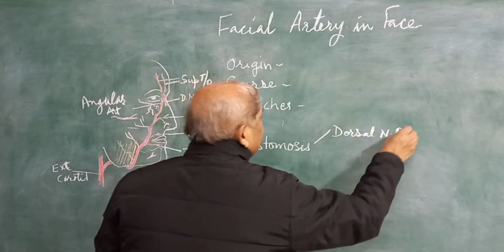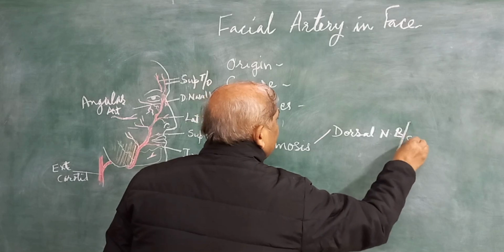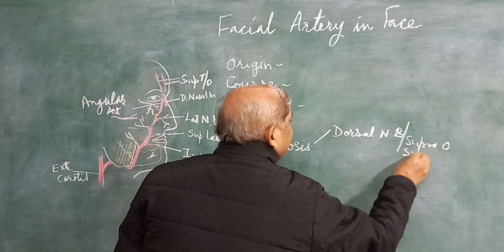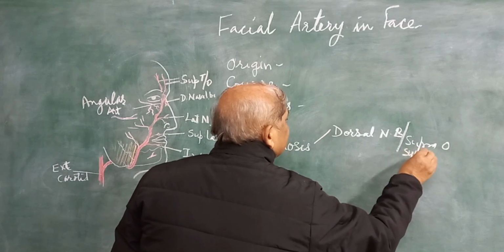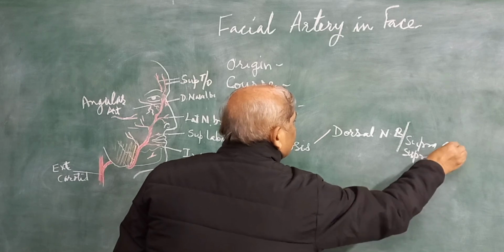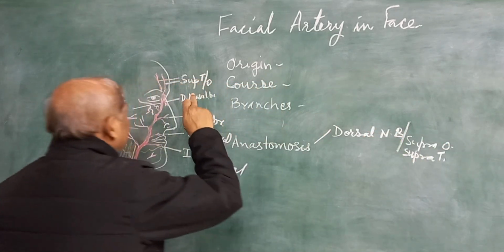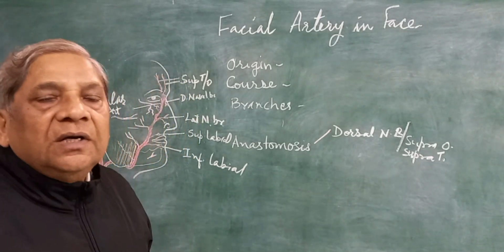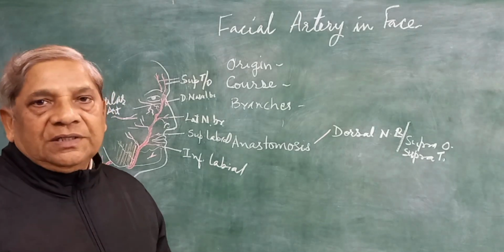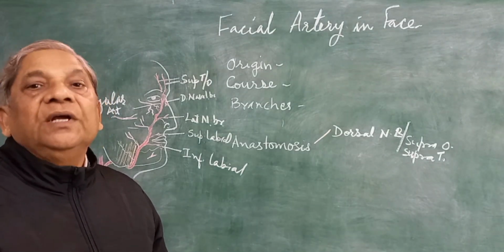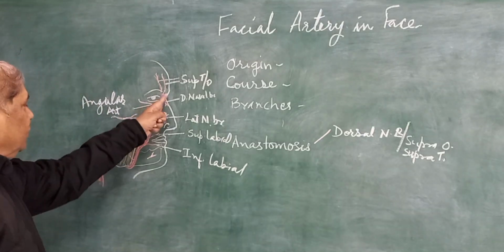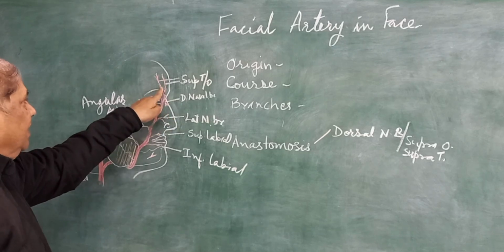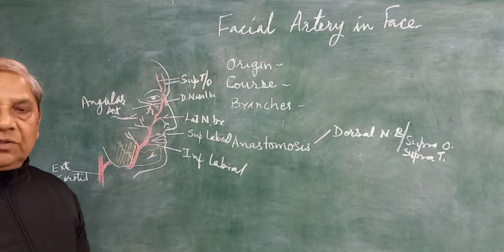It also makes an anastomosis with the supraorbital and supratrochlear branches. So supraorbital, supratrochlear and the dorsal nasal branch are all branches from the ophthalmic artery. An ophthalmic artery itself is a branch from the internal carotid artery. So this anastomosis is between the branches of the angular artery, dorsal nasal, supraorbital and supratrochlear branches.